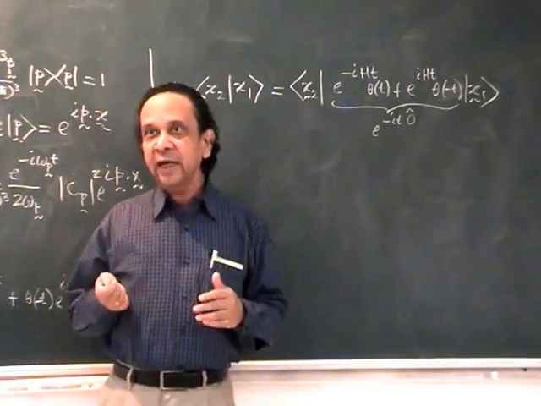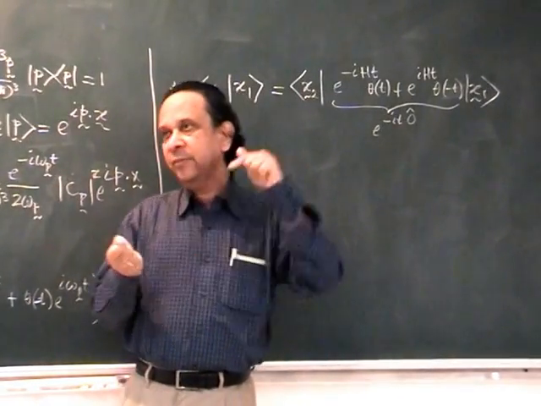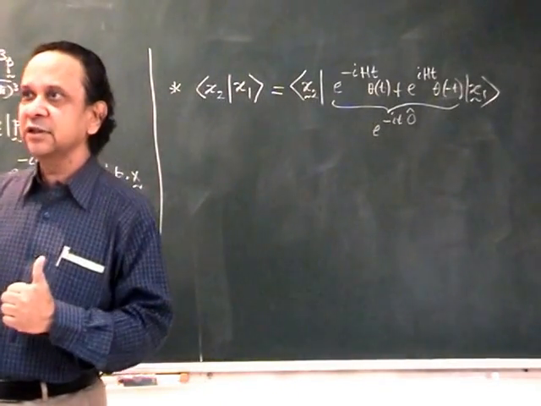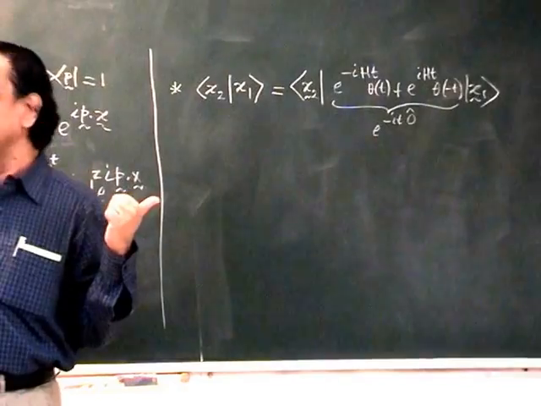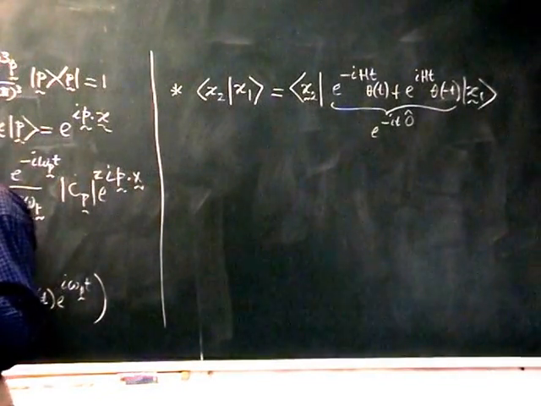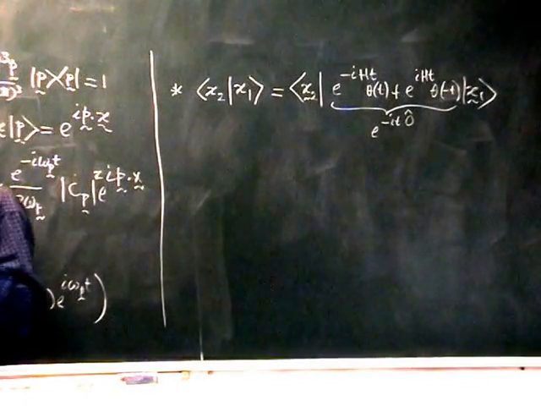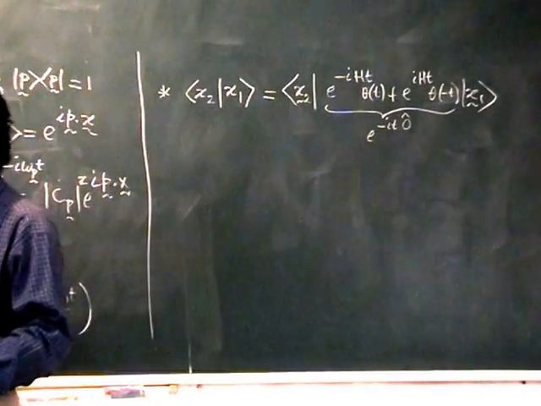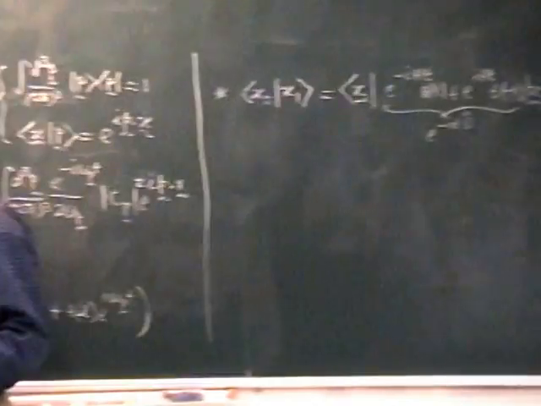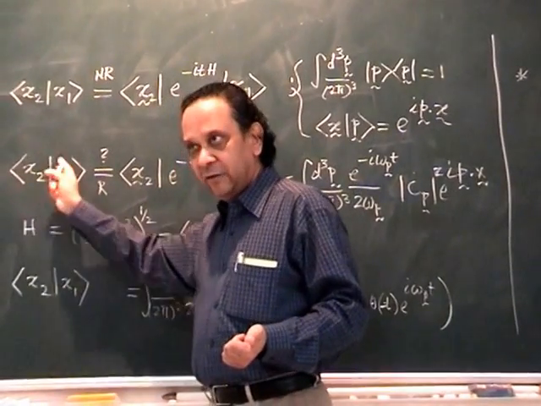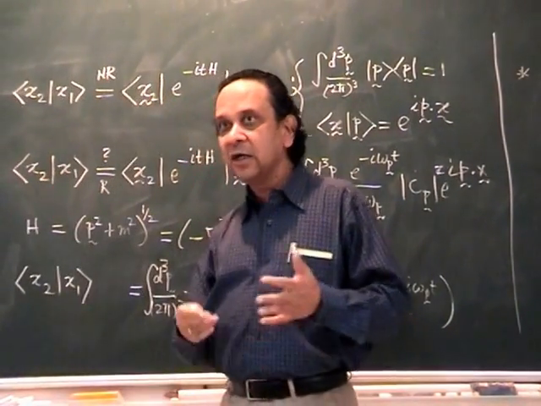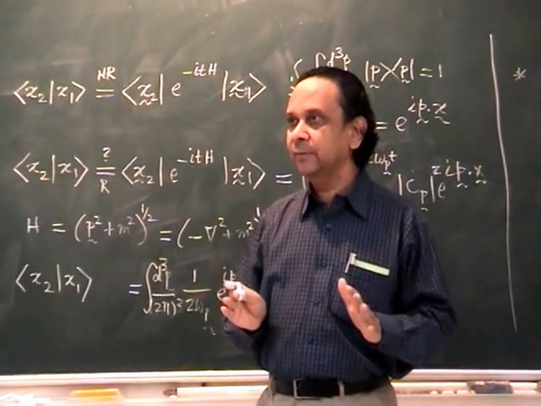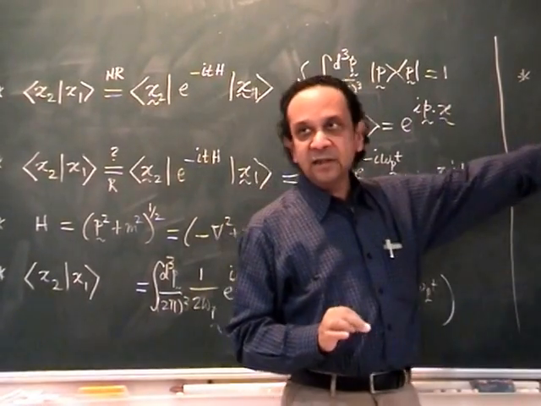What you need is that negative energy has to be propagated backwards and positive energy has to be propagated forward. And that is exactly what the propagator which we have computed from the path integral is telling us. Okay? So this is the basic point.